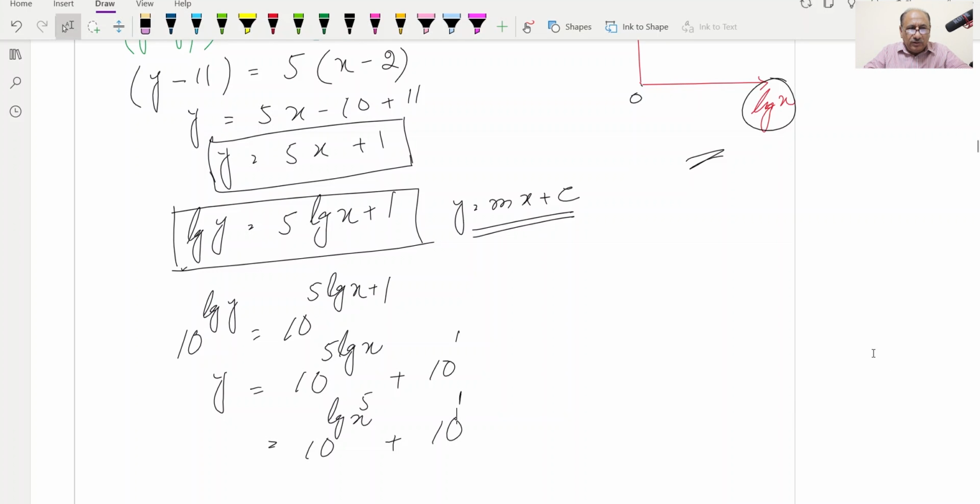So we can write this separately, this plus 1 over here. When we separate, the powers are added, so it becomes a multiplication: 10 raised to log x to the power 5 multiplied by 10 raised to 1, and this will be equal to y.